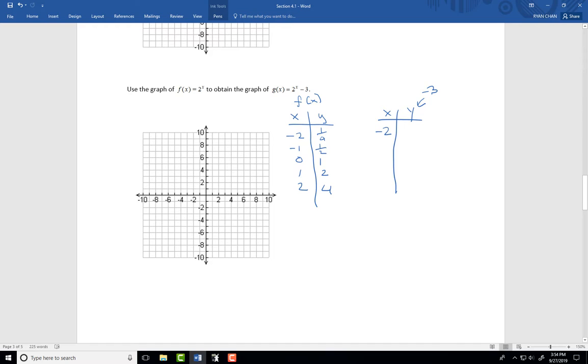So 4 minus 3 is 1, 2 minus 3 is negative 1, 1 minus 3 is negative 2, 1/2 minus 3 is negative 5/2, and then 1/4 minus 3 is negative 11/4. Again, just do the best you can.